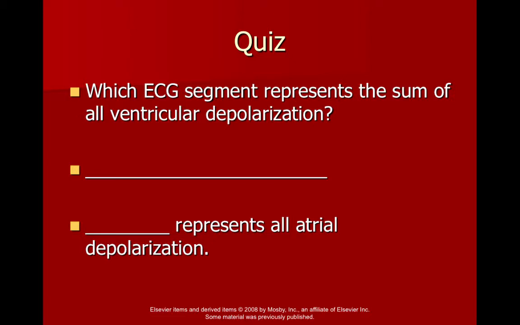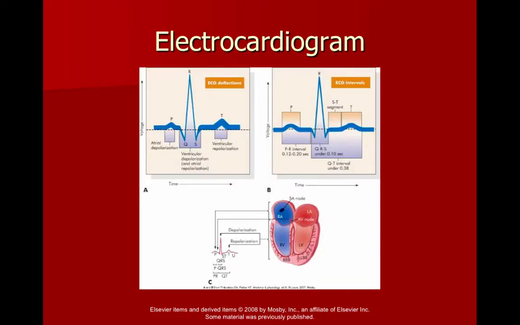Now, why don't we see atrial repolarization anywhere? We talked about all those other ones. Where's atrial repolarization? It's actually here within the QRS. It's just kind of hidden, and we don't spend a lot of time talking about it. But the atria will have to repolarize just like the ventricles repolarize. But it happens here.